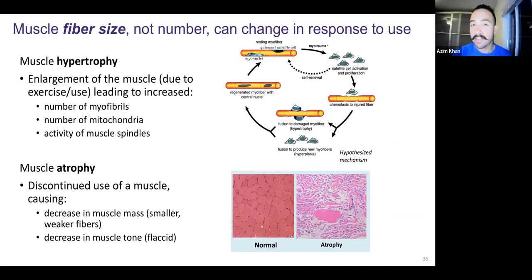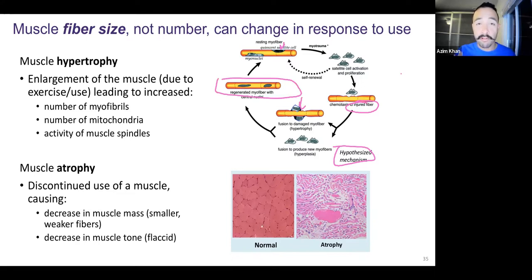It's not that they typically undergo mitosis. It's not fully confirmed, but the hypothesized mechanism is that when you work out, you get light damage to your cell. If your muscle fiber is injured, it gets repaired and then it gets bigger. That's the thought behind how we grow muscle.